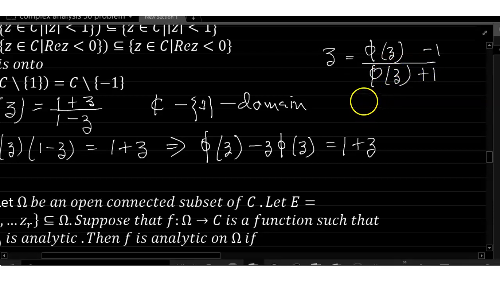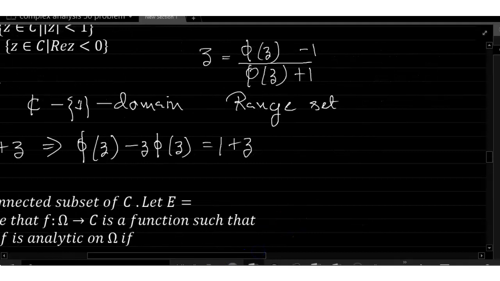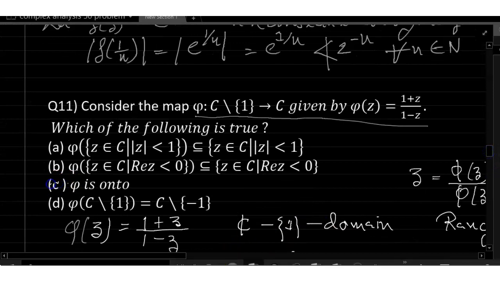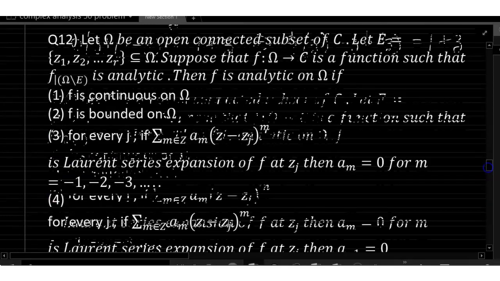So the range set is C minus 1. My option D is correct and the others are all wrong.